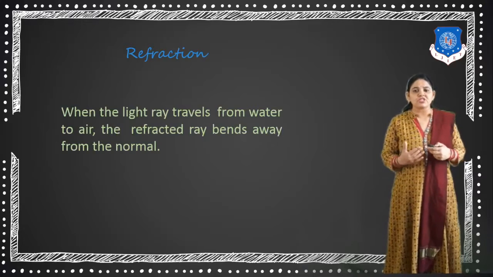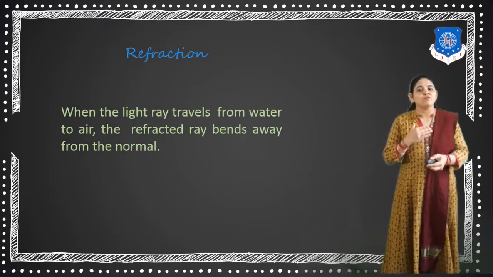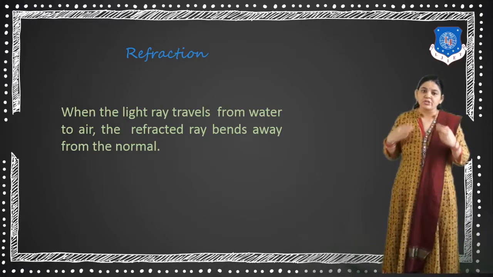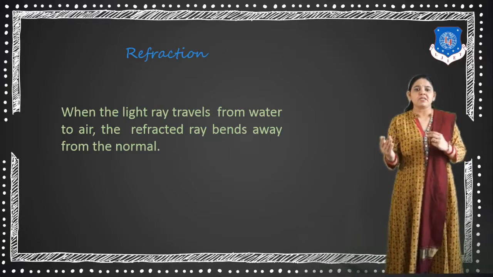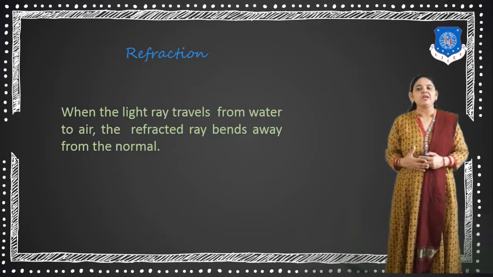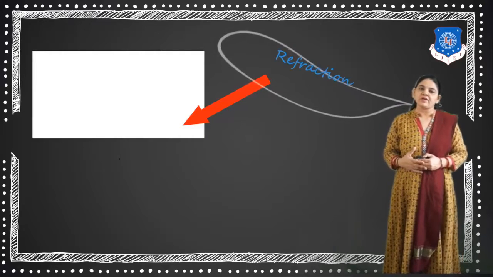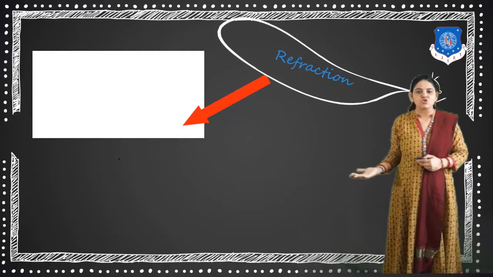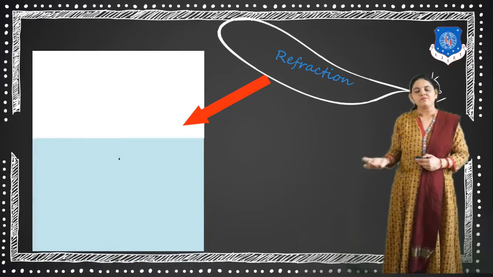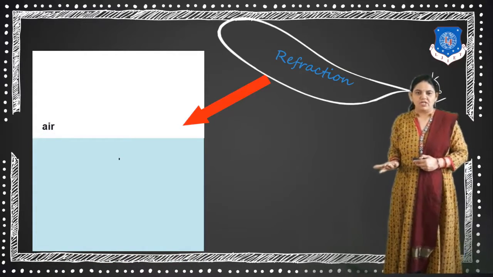In refraction, when the light travels from water to air, meaning from a higher density medium to a lesser density medium, the refracted wave goes away from the normal. Here in the diagram we have two media: one is the air medium, the other is the water medium.